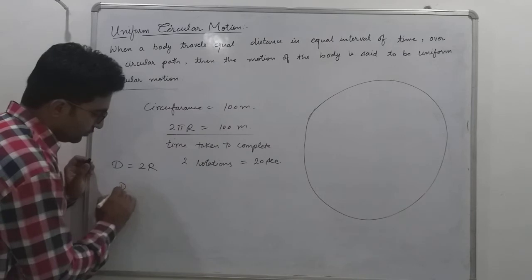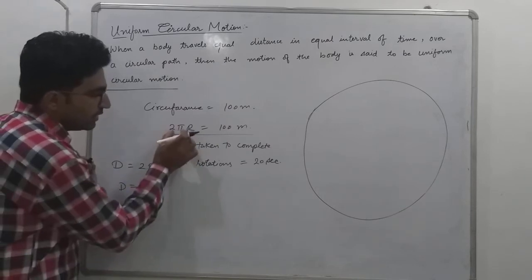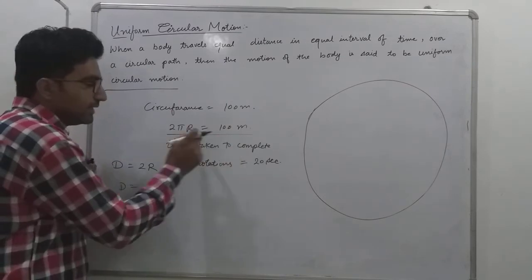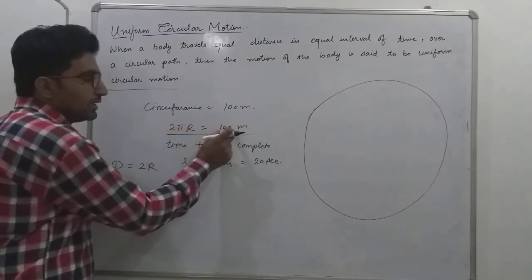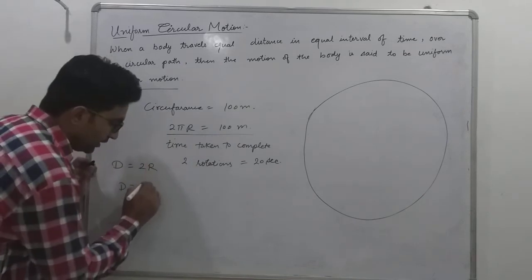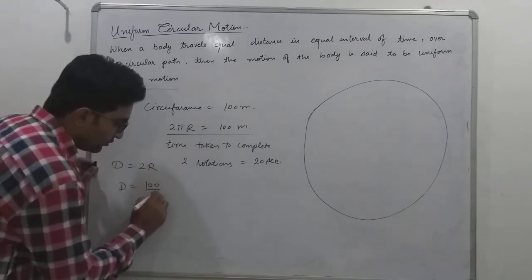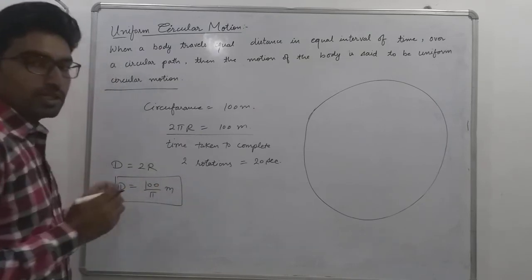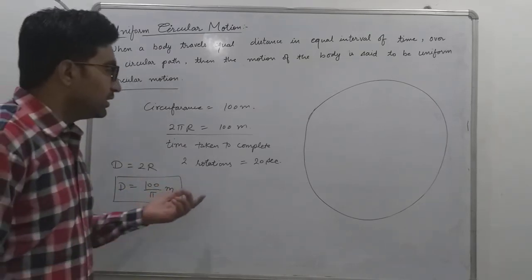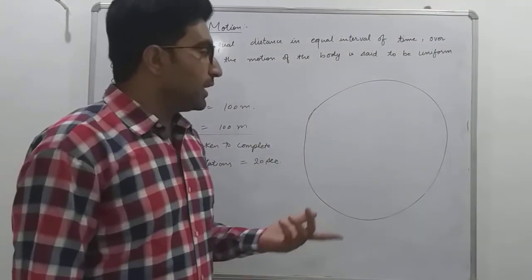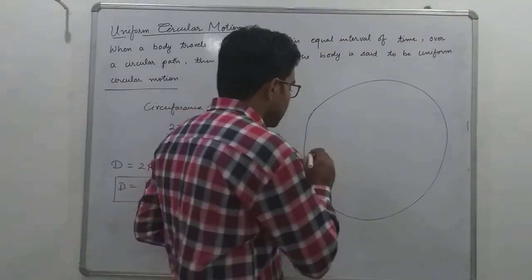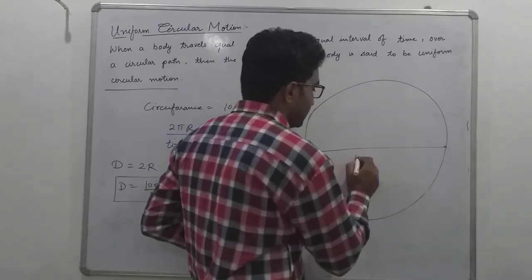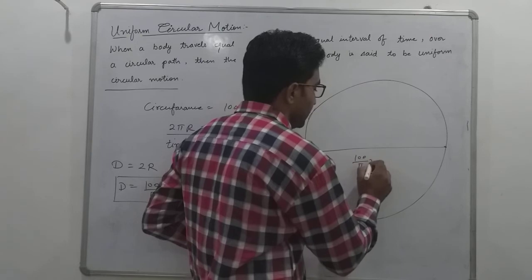If we move the pi to the right hand side, then 2r will be equal to 100 by pi meter. So the diameter is 100 by pi meter. This is the first answer. It is asked to find out the diameter of the circular boundary, so the diameter is 100 divided by pi meter.